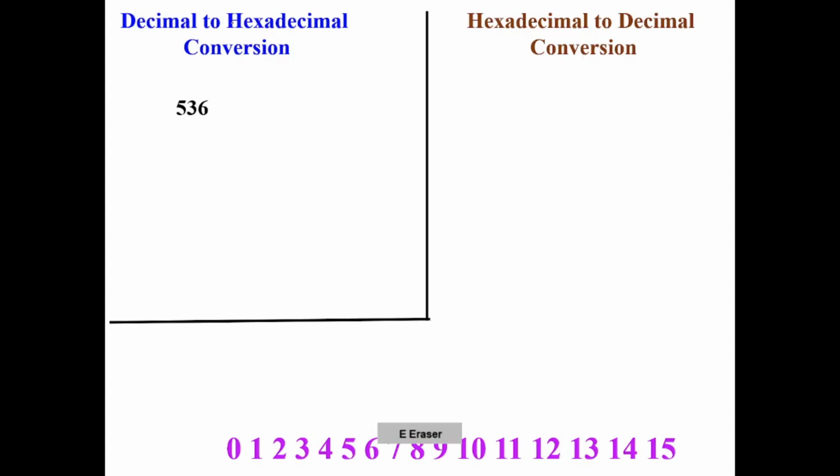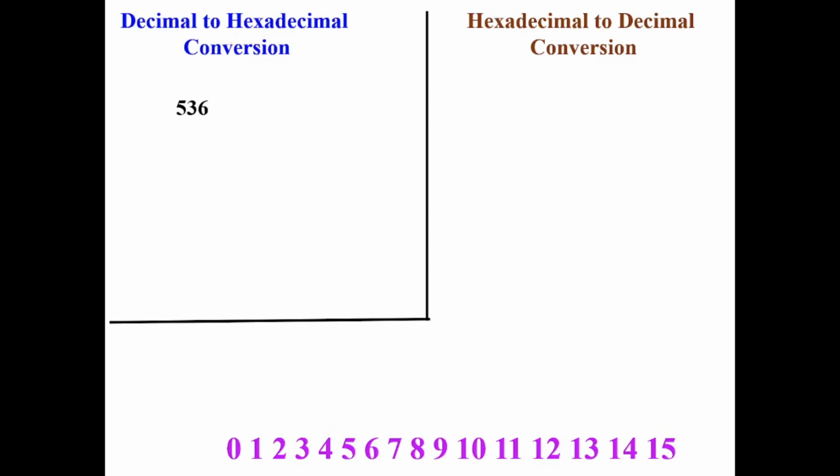So here hexadecimal means 16 numbers, that is 0, 1, 2, 3, 4, 5, 6, 7, 8, 9, 10, 11, 12, 13, 14 and 15. These are the 16 numbers belonging to the hexadecimal number system.